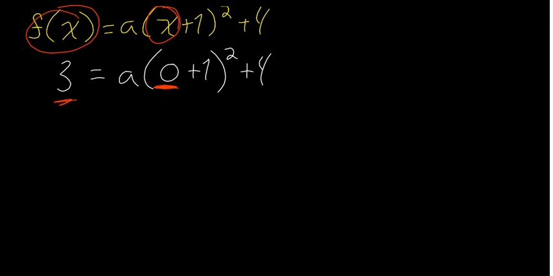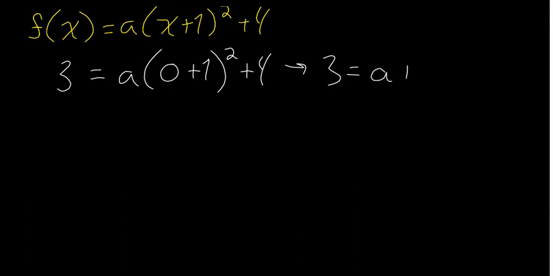It's a little disguised, but we know that as y. So I plug those points in, and then I just have to solve for a. What is 1 squared? That's just 1. So I've got 3 is equal to a times 1, which is simply a, plus 4. Then, if we subtract 4 from both sides, we've got a is equal to -1.